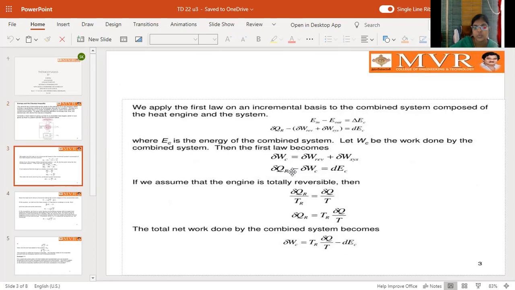According to the first law of thermodynamics, delta Q minus delta W is equal to dE. But the total energy change is 0. So delta Q minus delta WC is equal to 0. WC is nothing but W reversible plus W system.